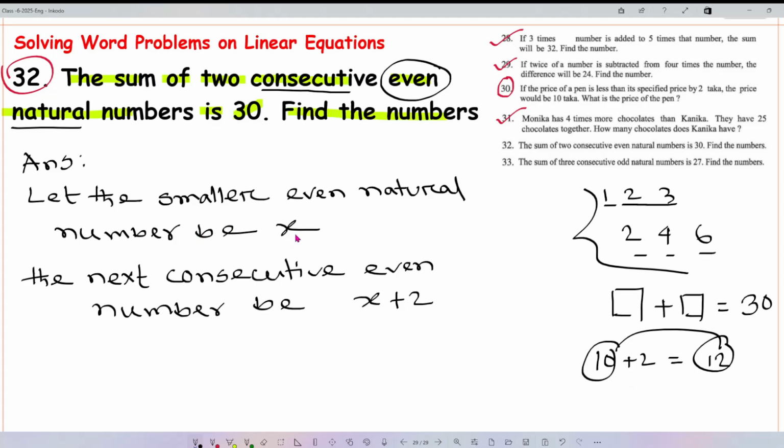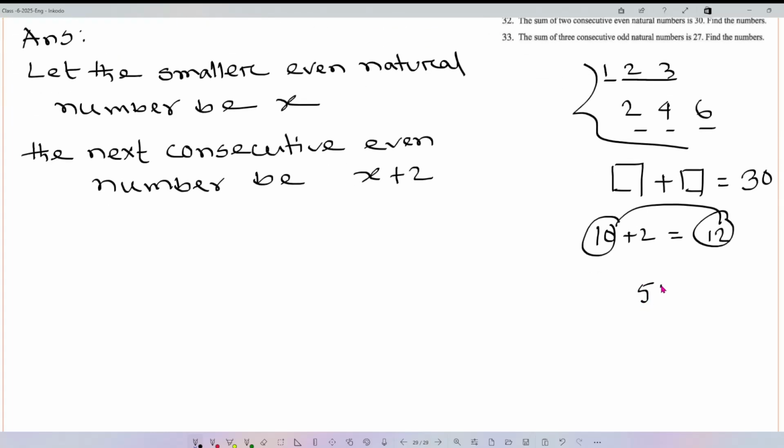Okay. So one is x, another one is x plus 2. So x can be anything, like 50. So the next consecutive number is 52, because 50 plus 2 is 52.